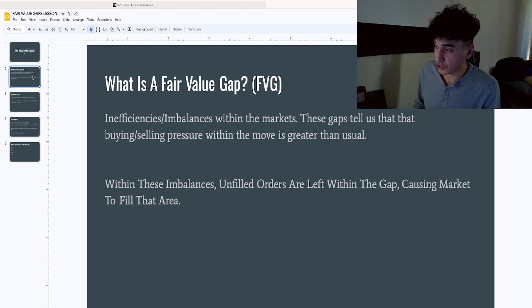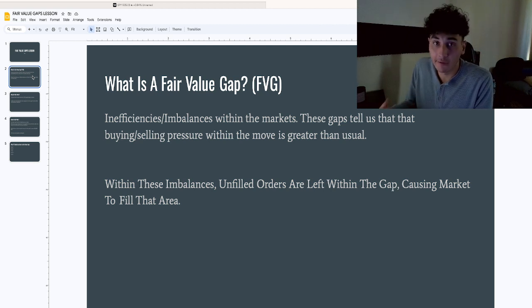Moving on, like I mentioned, within these imbalances or gaps, unfilled orders are left within that gap, causing market to typically retrace back to that area and fill those unfilled orders, fill that imbalance, right?